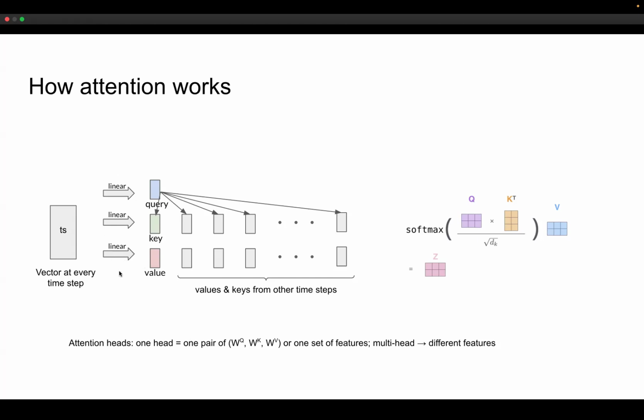One set of those 3 linear layers is called one attention head. And you can actually have multiple attention heads. You can maybe have 4 sets of those 3 layers. On a high level, one attention head can be thought of as focusing on one set of features. So you have multiple heads, and maybe you can dedicate them to focus on different sets of features.